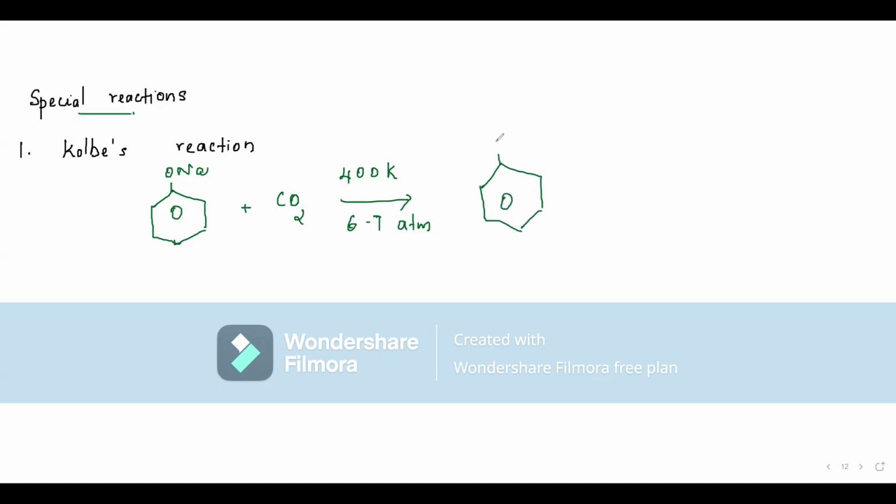This is O. See, between O and that Na, we are inserting carbon dioxide. O, COO, Na, which is a reaction intermediate. It has a momentary existence. It quickly undergoes a rearrangement.